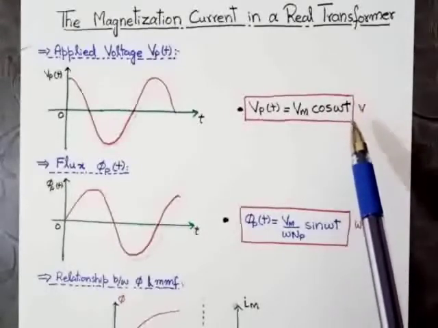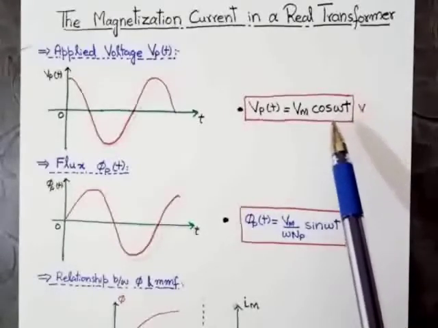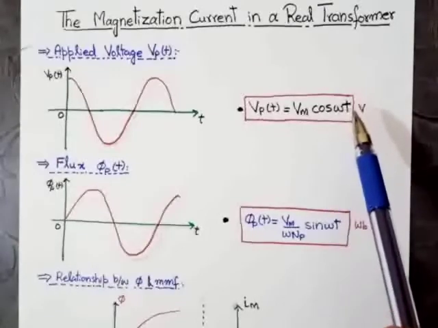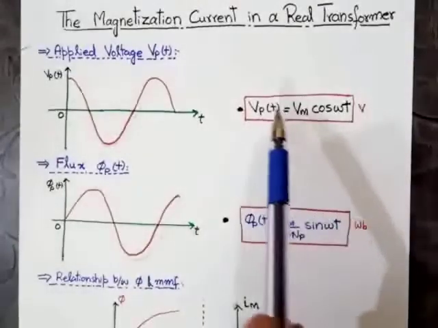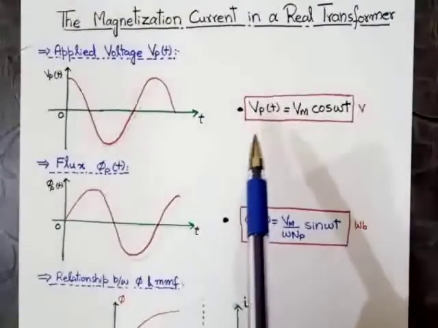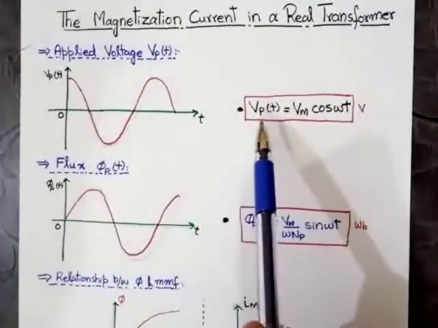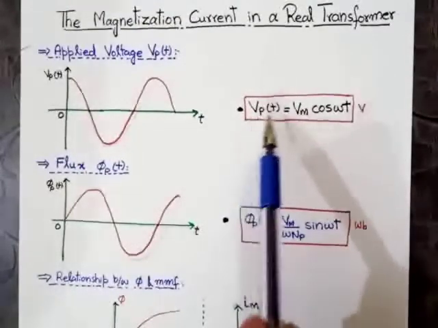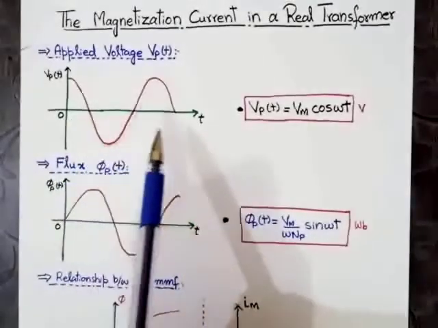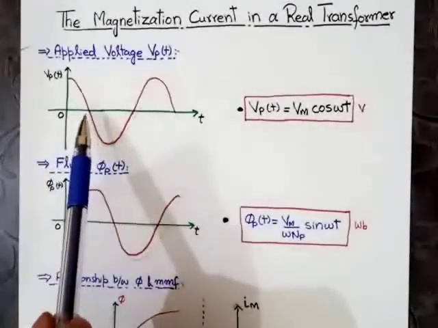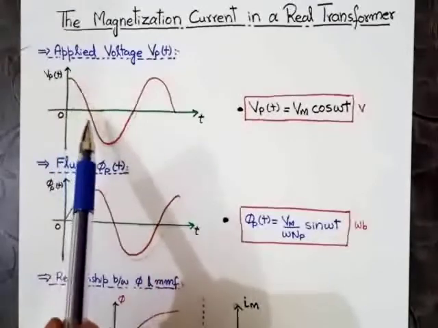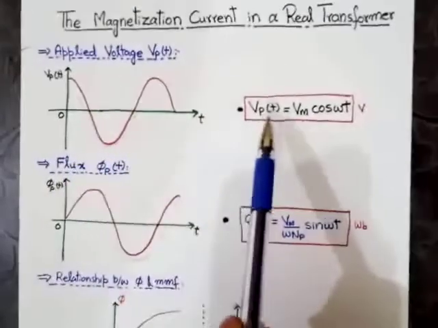So therefore, the waveform of the applied voltage will start from the maximum value. As you can see here, this is the waveform of the applied voltage.